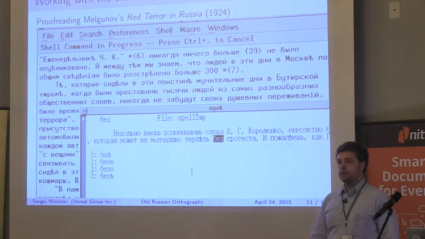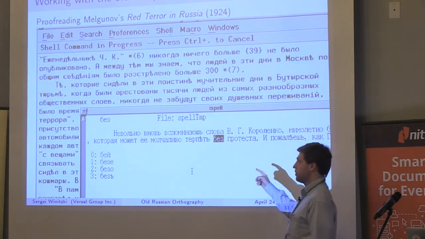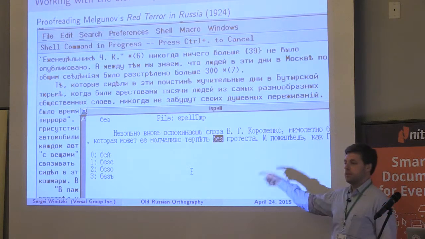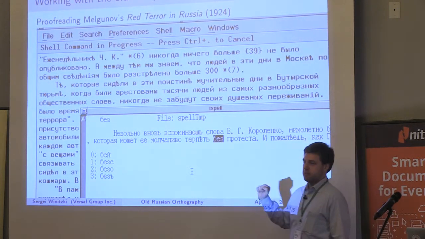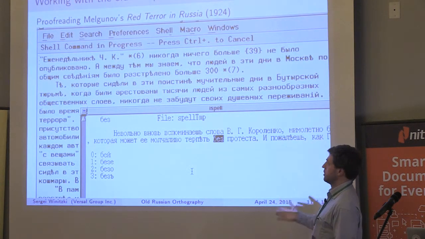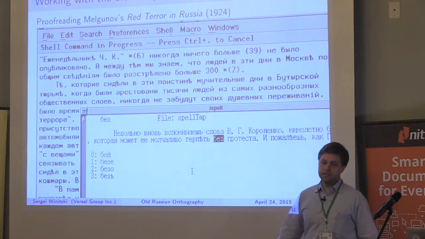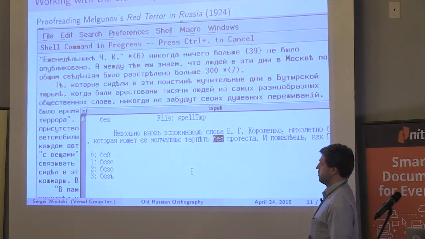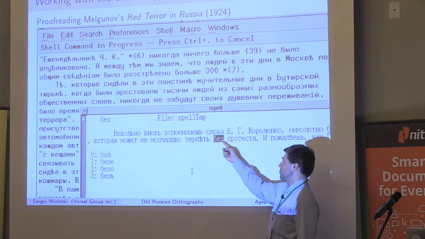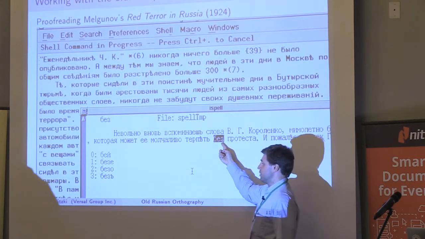The spelling check looked like this. You opened a different terminal window, and there you had an interactive suggestion for the word that was misspelled. So spelling check was not something that you did automatically in the background as it is done today, but a separate operation. Here you see a word that is spelled in the new orthography, and that is incorrect.